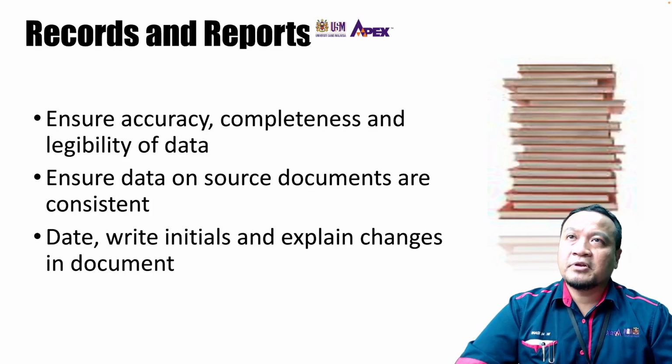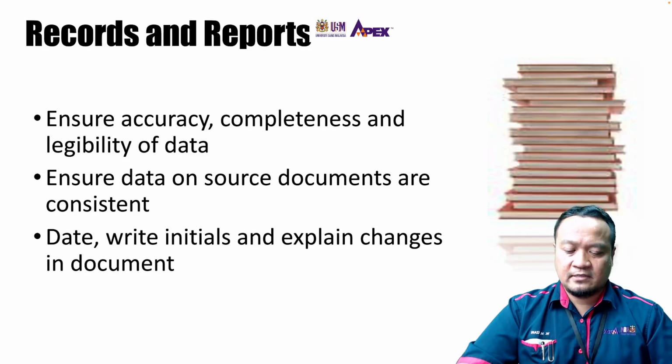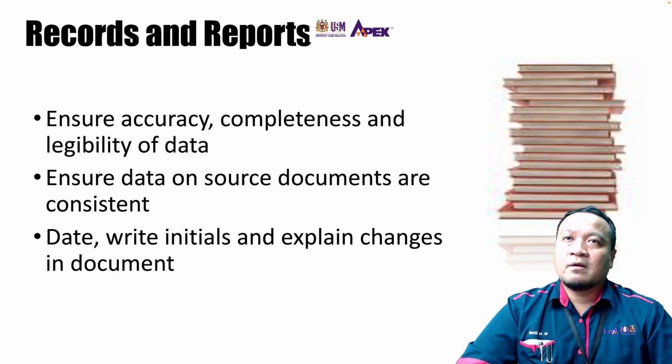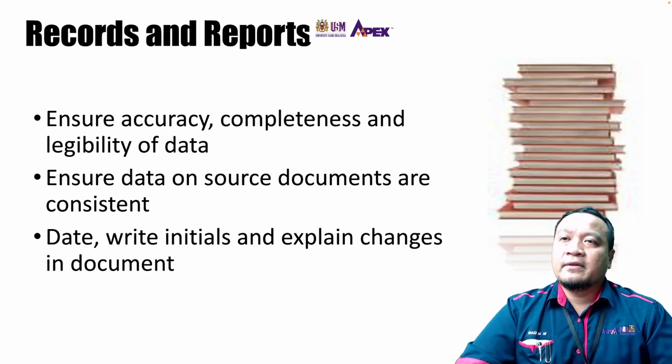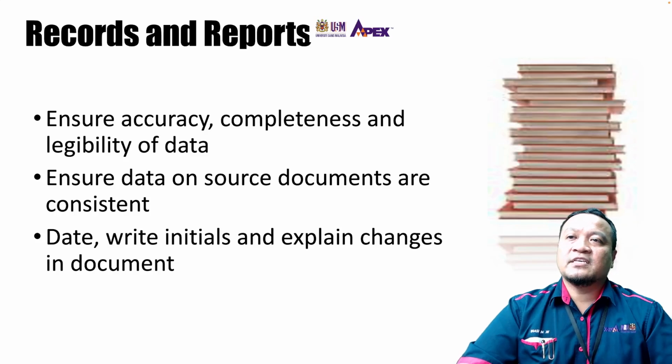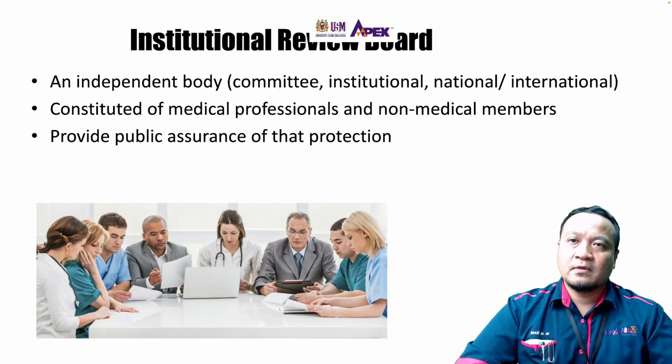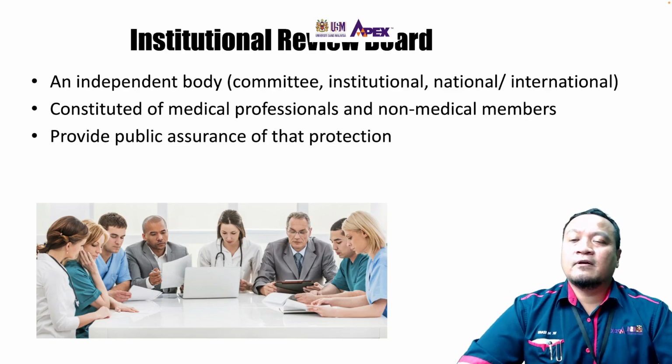So all the records and reports must be complete and legible, the source documents consistent, with date, initials, and explained changes. And as I said, when you need to make a correction, make it a simple line cross, date, sign, and explain the changes. So nearly finished, a few more slides.